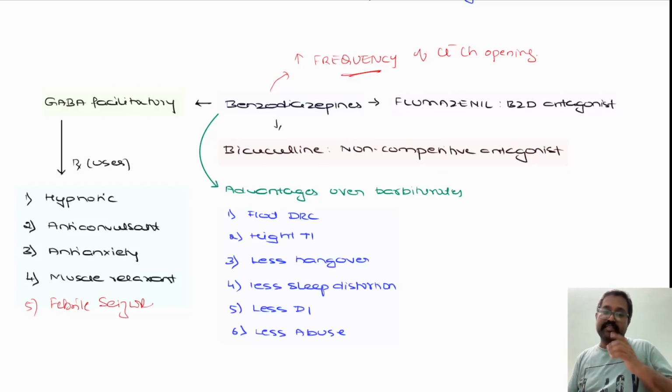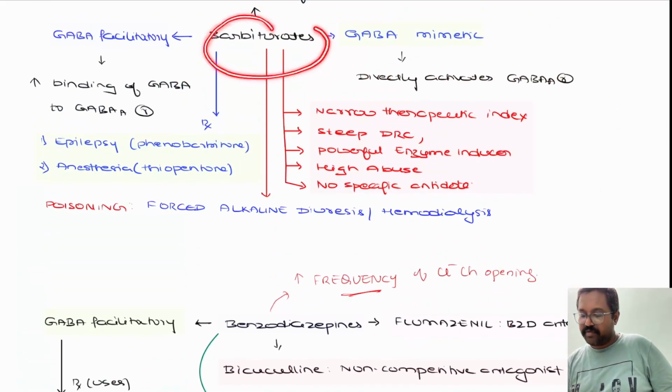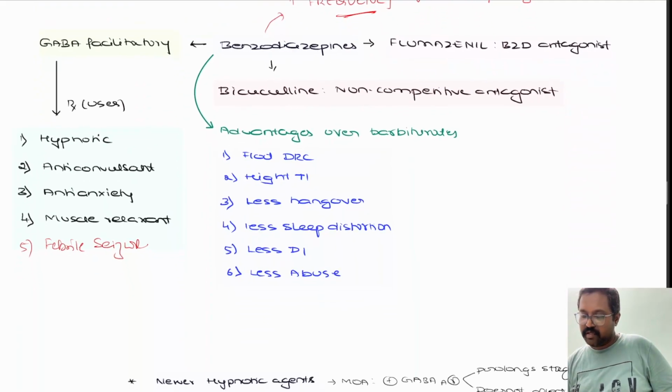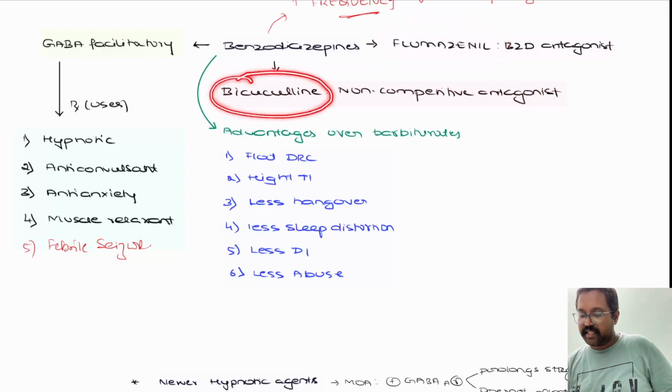Whenever there is toxicity with benzodiazepines, you have a benzodiazepine receptor antagonist called flumazenil. Whereas in case of the barbiturates, we don't have any antidotes. Only the benzodiazepine has flumazenil as the receptor antagonist, and bicuculline is the non-competitive antagonist for benzodiazepine.